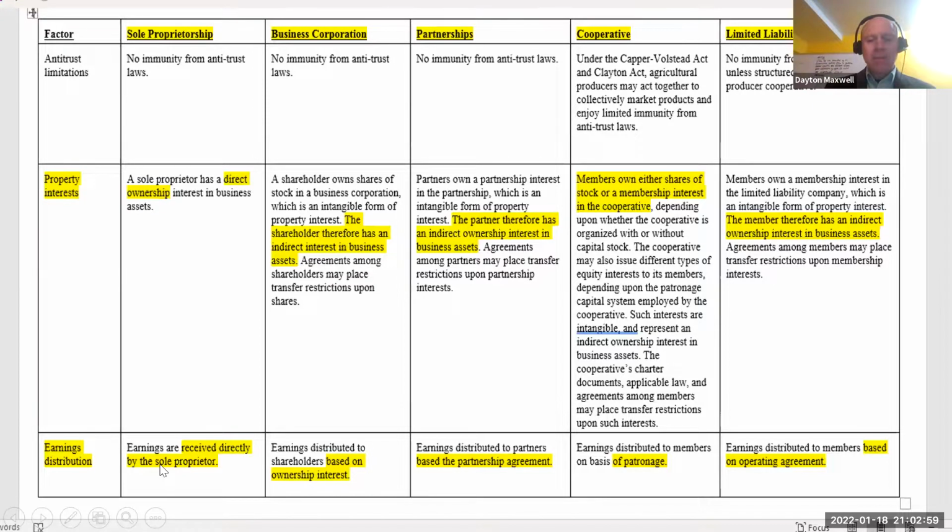And earnings can be distributed based on ownership, et cetera. In my experience, LLCs are generally taxed like a partnership, where the business does not hold on to any profits, although it's my understanding that an LLC can be taxed like a sole proprietorship, partnership, or a corporation.